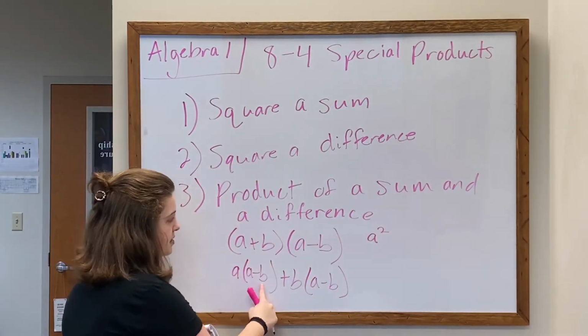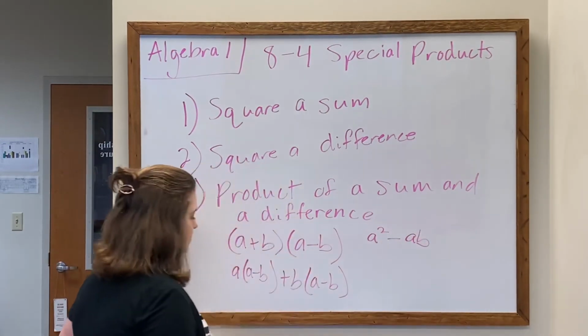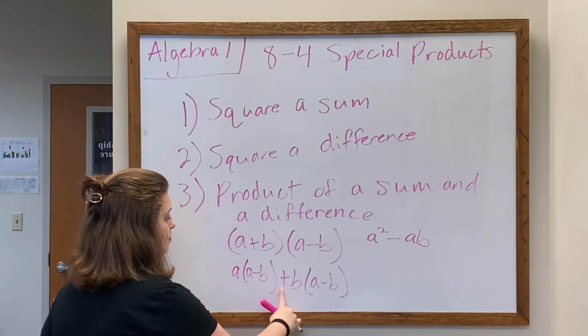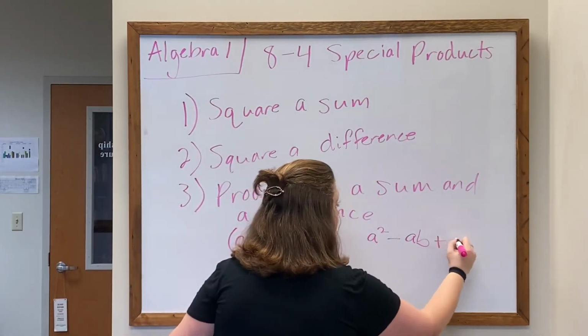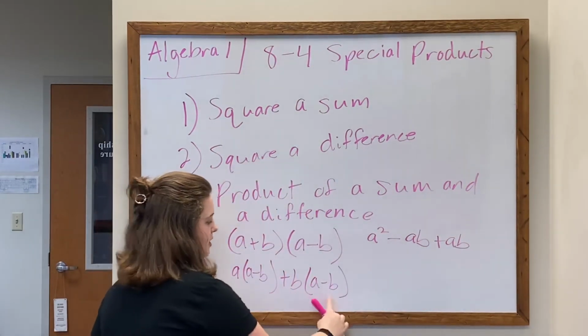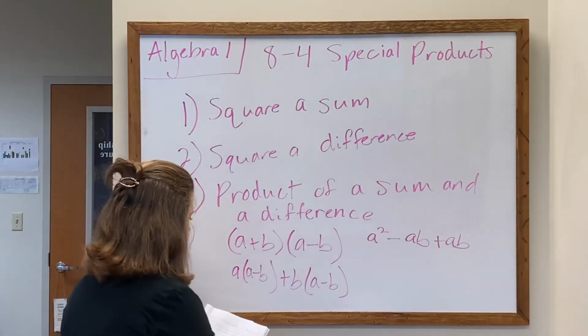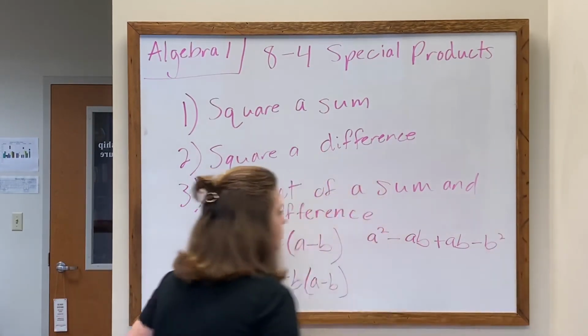A times minus b is going to be minus ab. Now I have positive b times a is going to give us a positive ab, and then positive b times minus b is going to give us minus b squared.